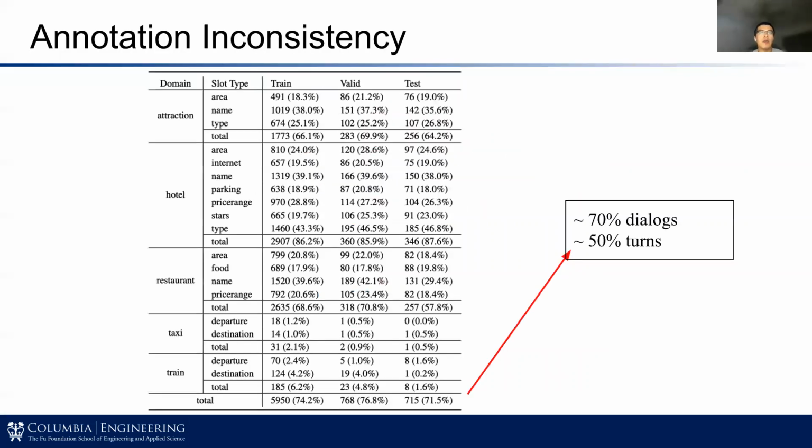So we went over all the dialogues in the test set and wrote some regular expressions to add the missed annotations. In total, there are about 70% of dialogues and 50% of turns involved in the modification. We also applied the regular expressions to the training and validation data, and also around 70% of dialogues were involved.